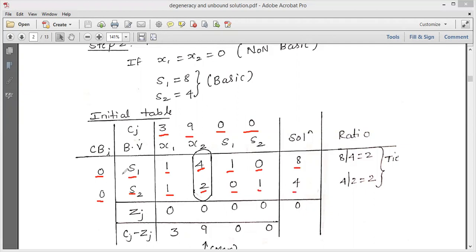Now how to find Zj? 0 into 1 plus 0 into 1, we have a value 0. Again here also we have 0, 0, 0, 0. Then Cj minus Zj: 3 minus 0 is 3, 9 minus 0 is 9, 0 minus 0 is 0, 0 minus 0 is 0.